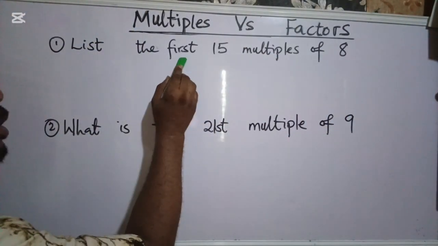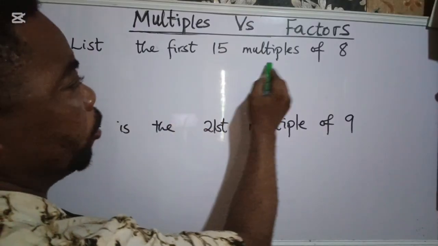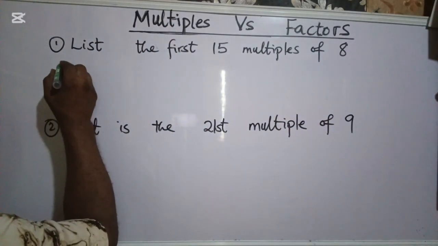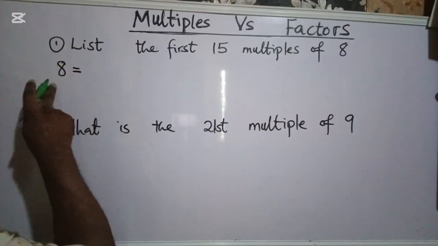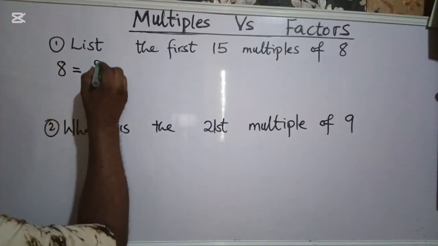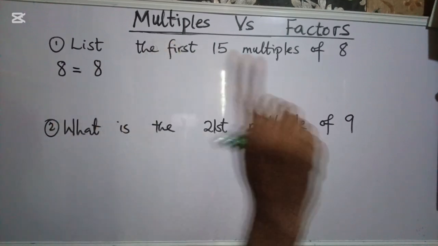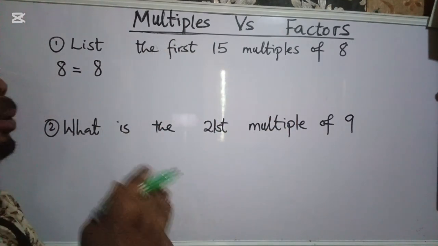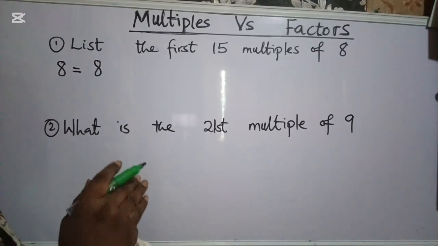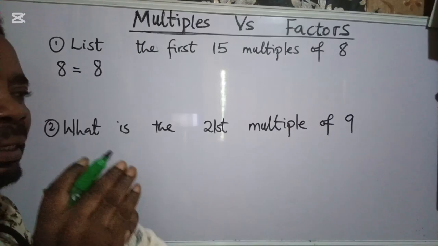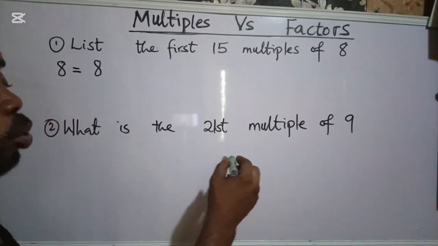So the first one is 8, because we have said that the first multiple of 8 is 8. And if you don't know what to do, because many of us don't even know the multiplication table, and that is a big problem, because if you don't know the multiplication table in mathematics, you are still learning. You need to go and learn it.